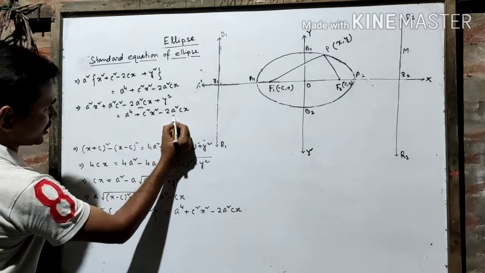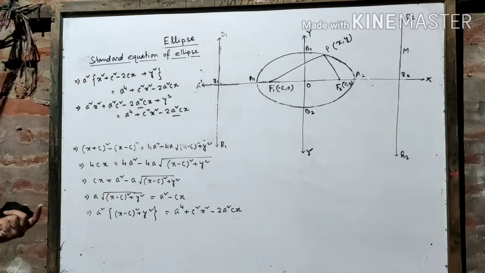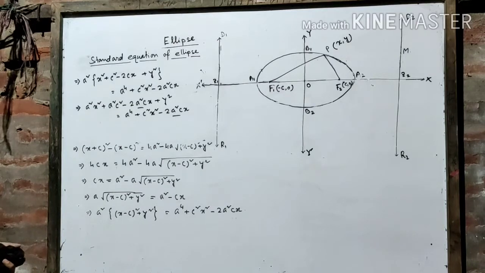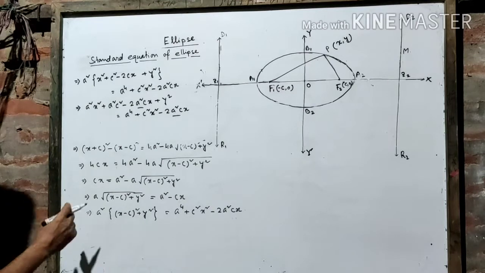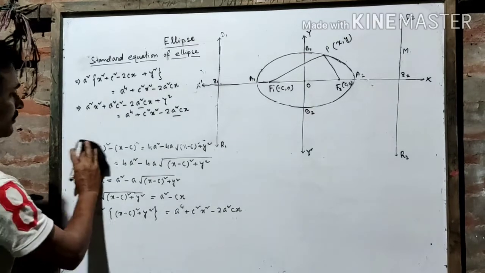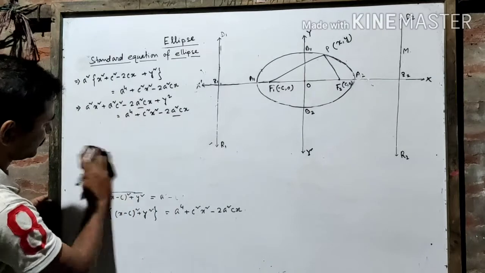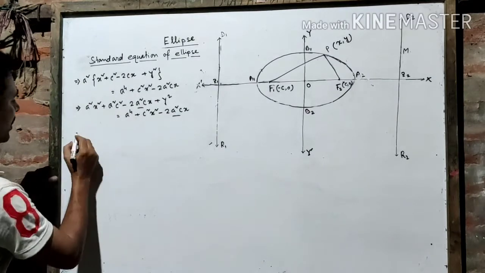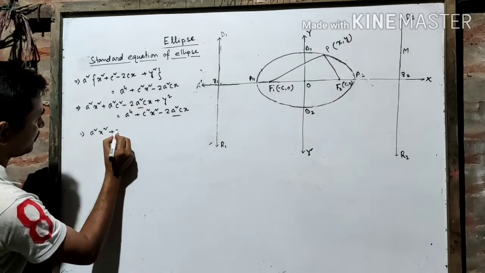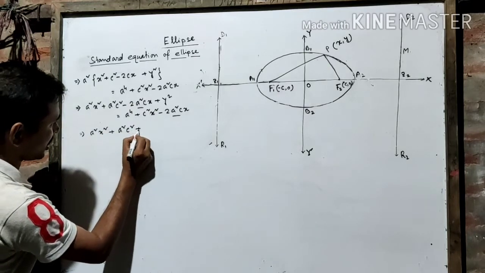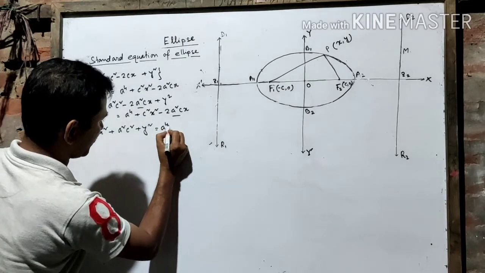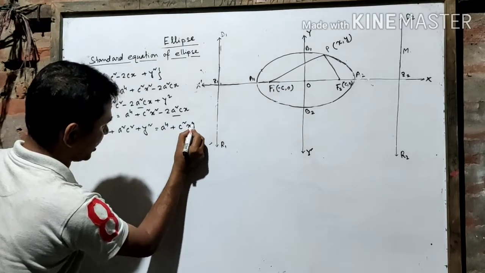So minus 2a square cx and minus 2a square cx will be cancelled. Then we will be left with a square x square plus a square c square plus a square y square is equal to a to the power 4 plus c square x square.